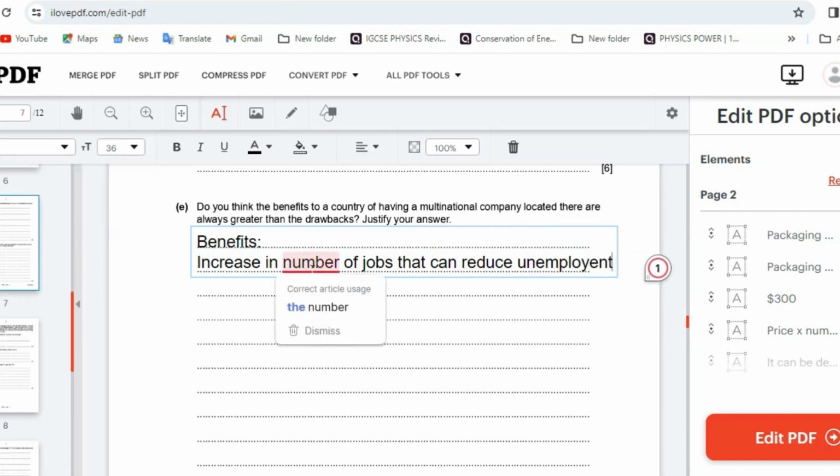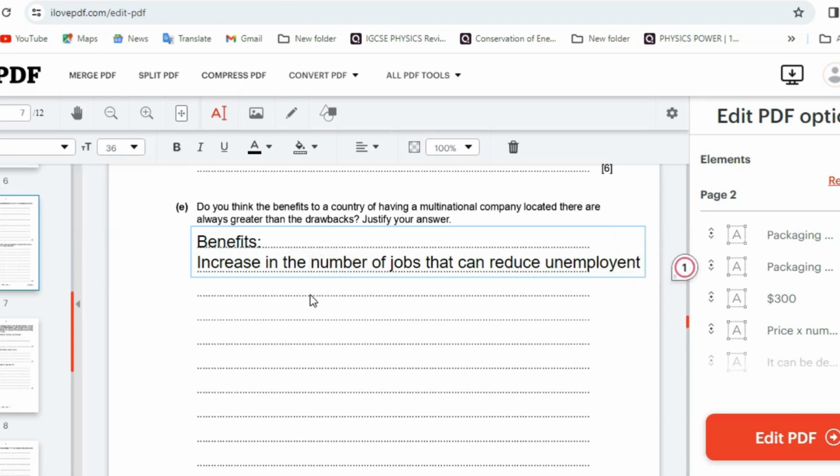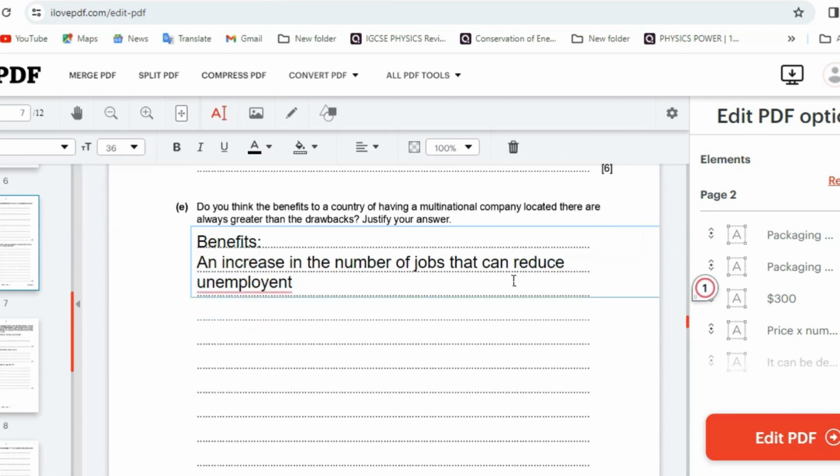That is the first benefit to a country of having the multinational company located there. Employment, this is employment.